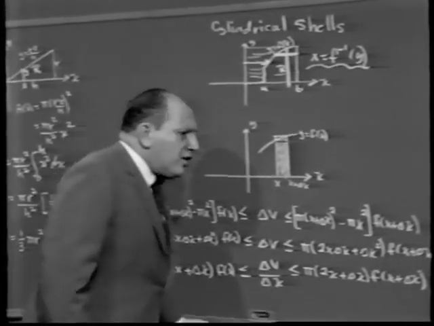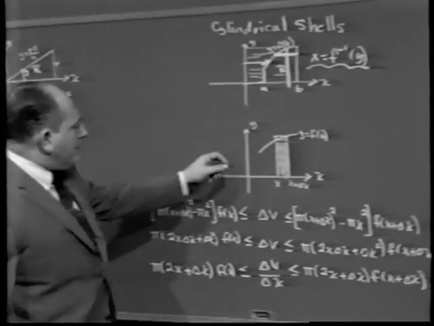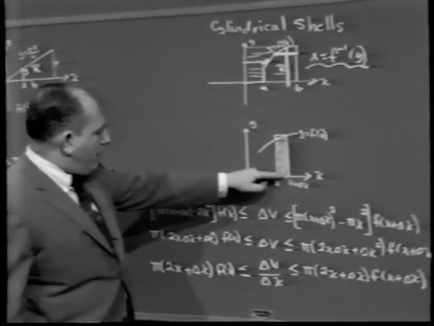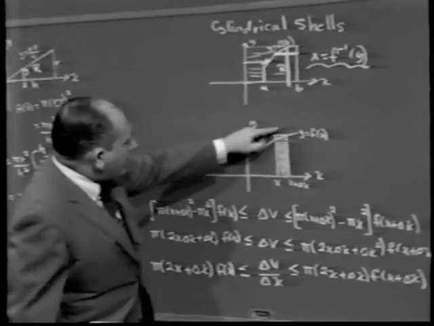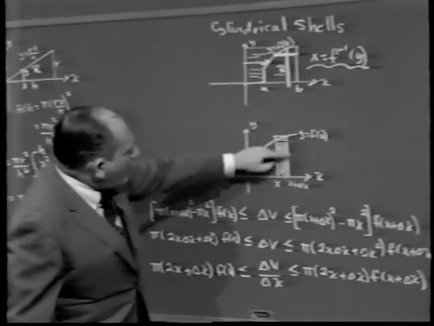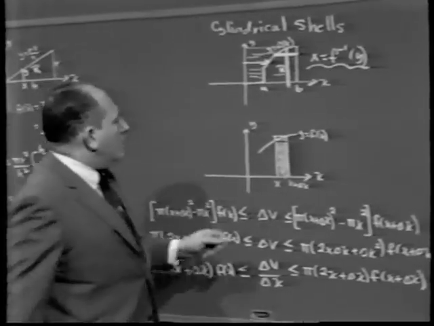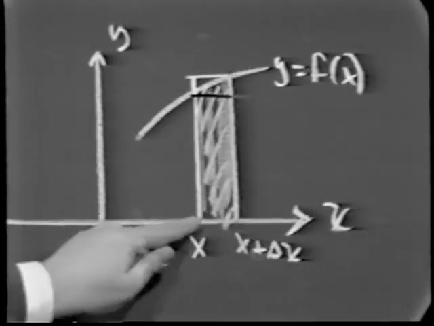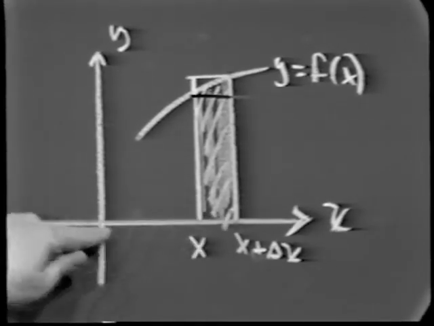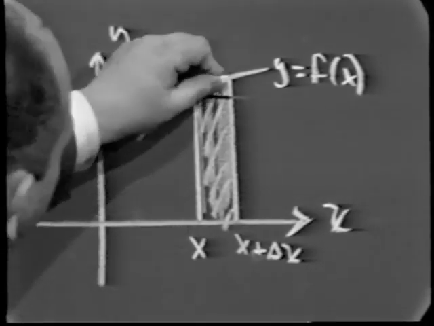Well, you see, again, to go through this thing as rapidly as possible, but still hitting the main points, notice that the volume that I'm looking for, what is the volume that's cut out by this big rectangle? Well, notice that the area of the base, if I look at this as being what?